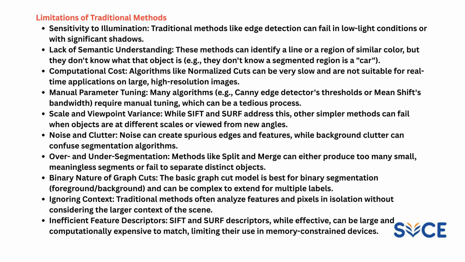The first one is that it's sensitive to the environment. One of the most significant problems is that these methods are fragile, so weak, and a change in lighting can completely throw them off. A simple shadow can create fake edges, and a low light environment can make real edges disappear entirely.